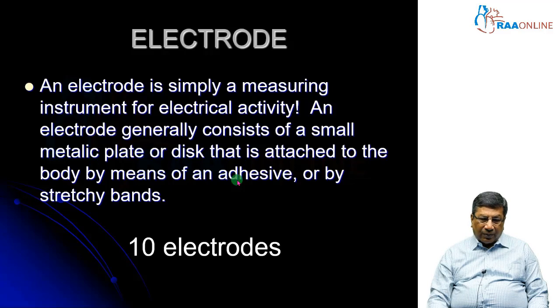This is attached to the body either by pasting the disc or putting the chest bulb or putting the metallic plate through stretchy bands on the limbs. So an electrode is a physical object through which we get the electrical current of the heart.